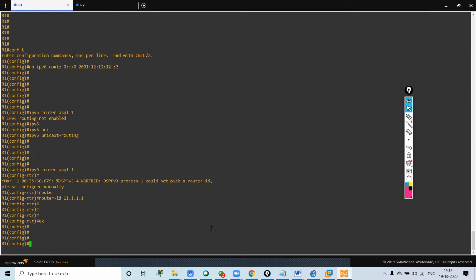So always remember, the OSPF router ID is used to provide a unique identity to the OSPF router. It is an IPv4 address, a 32-bit binary number. It will always be an IPv4 address.